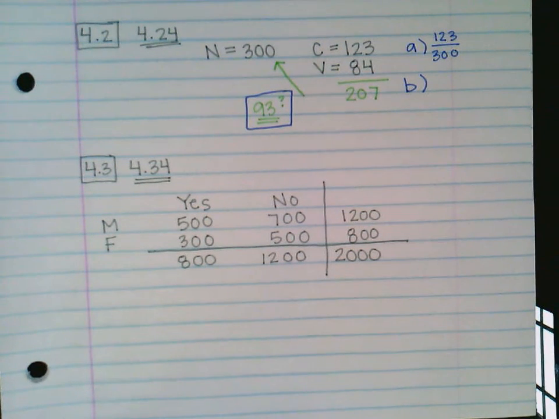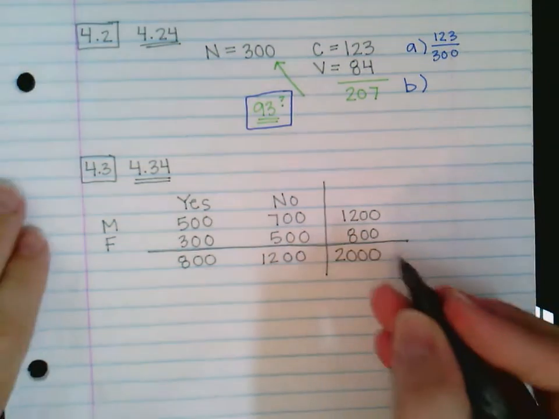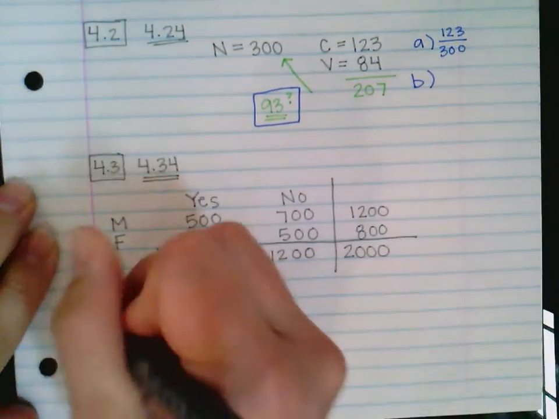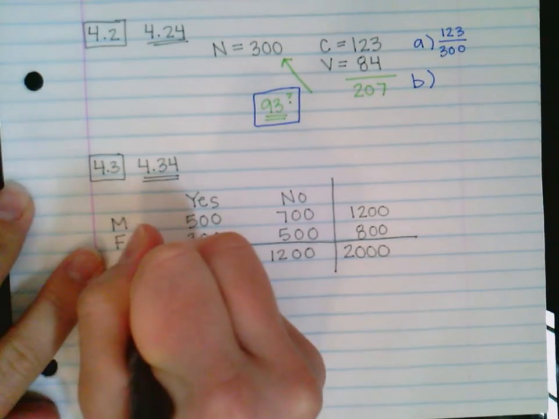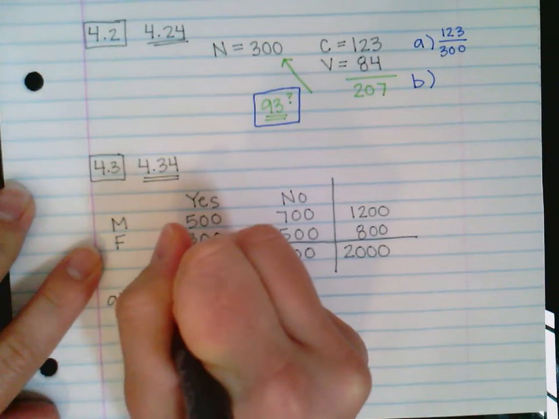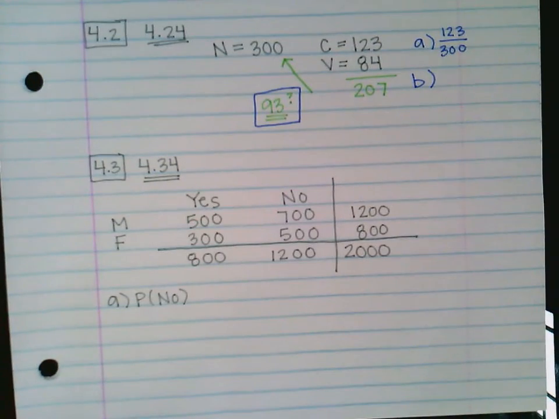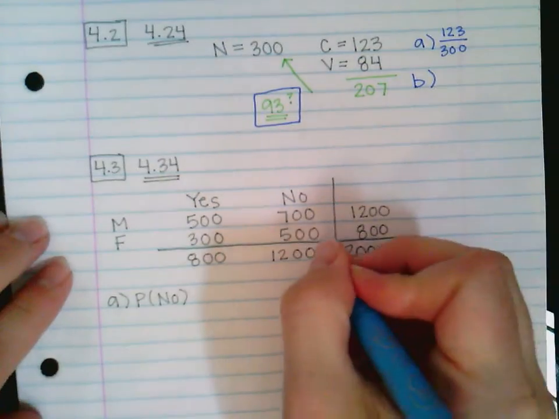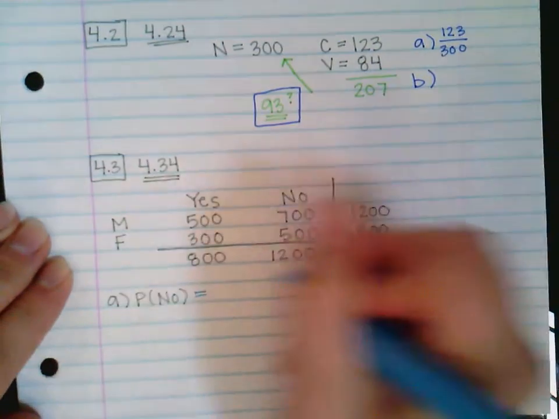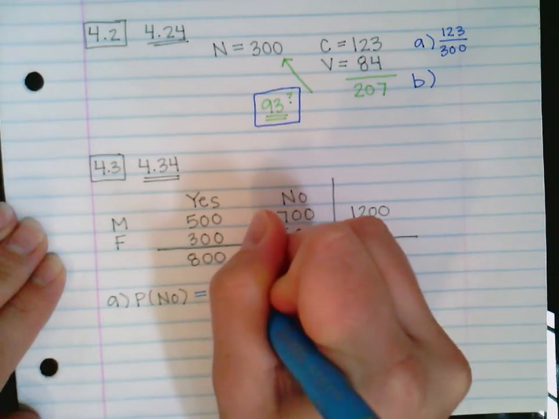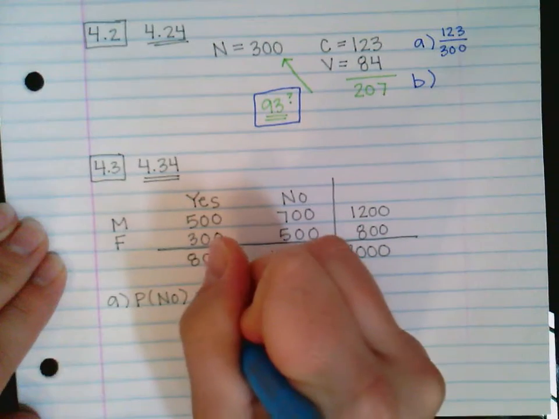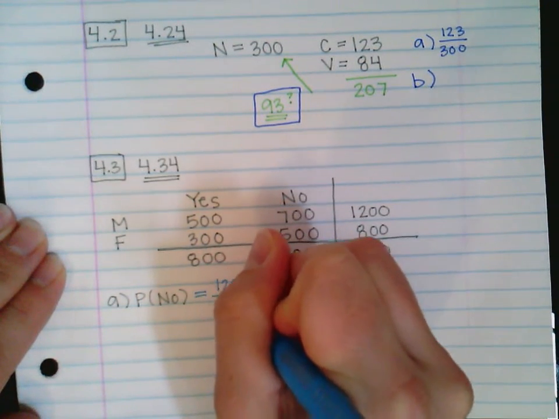Now on this question, in part A, they want to know the probability of number 1 here, never shopped on the internet. These marginal totals are really going to help you. So probability of no, you're going to look at 1,200 people said no out of the total 2,000.